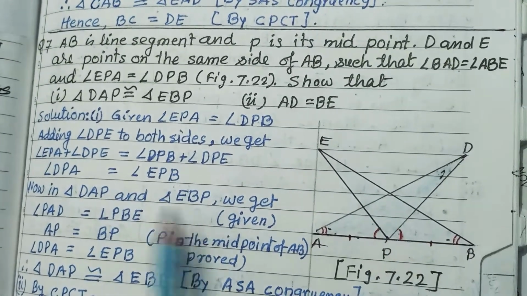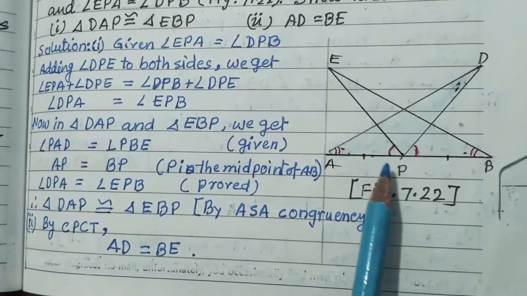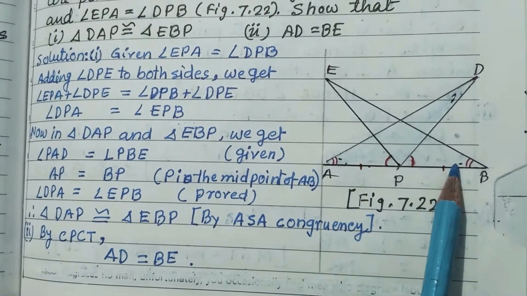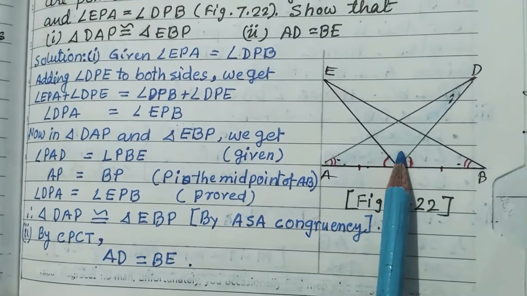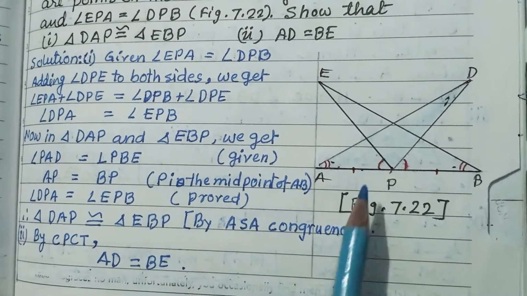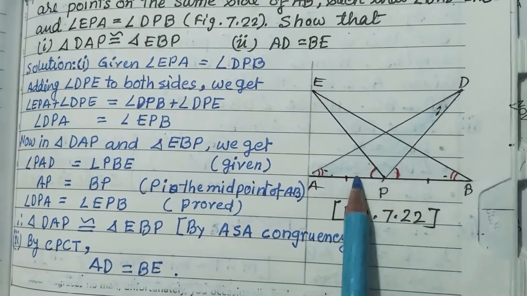Now in these two triangles, angle PAD is already given equal to angle PBE, and by proving we have got this angle equal to this angle as the second, and AP is equal to BP as P is the midpoint. These two are equal.